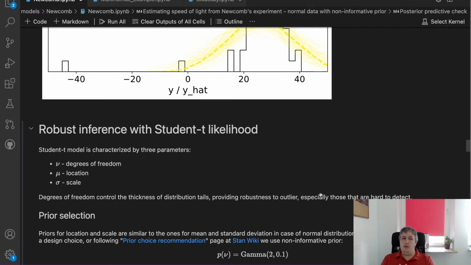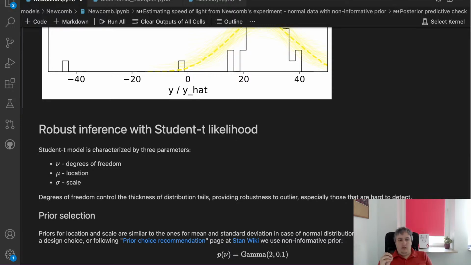And this is something called a fat-tailed distribution. So a distribution that allows your probability to take values that are larger from the mean.